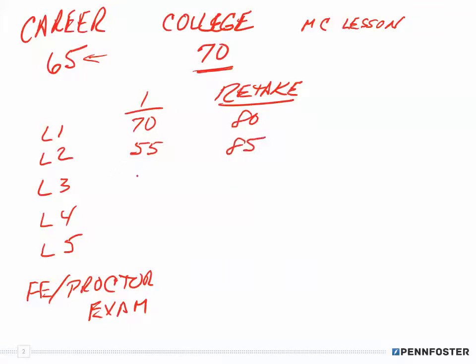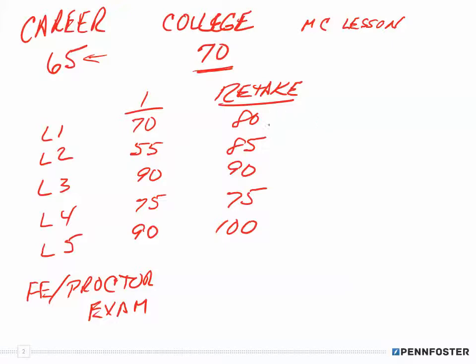And let's say you take it and you get a 90 and you get a 90. And then let's say you take it and you get a 75 and a 75, and I don't know, let's say a 90 and 100.